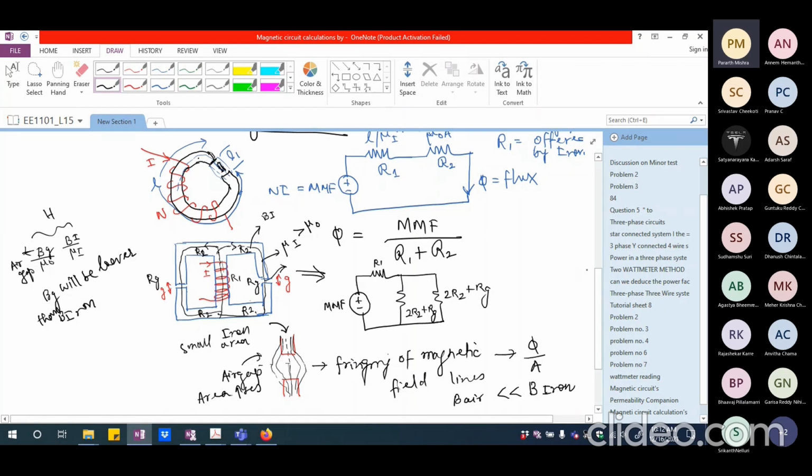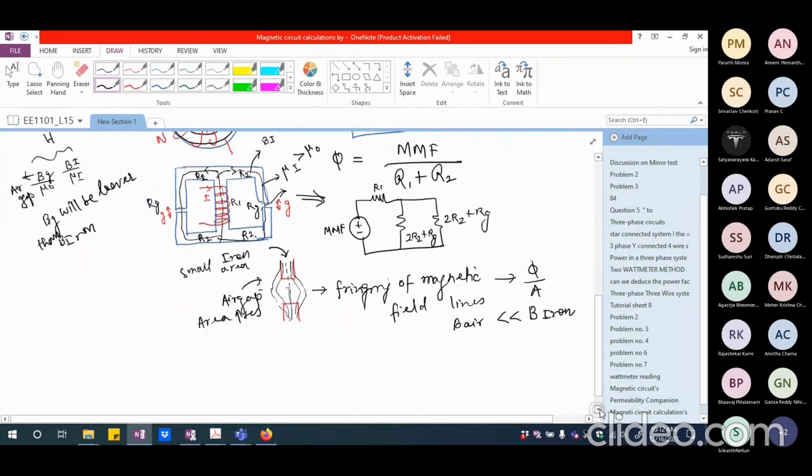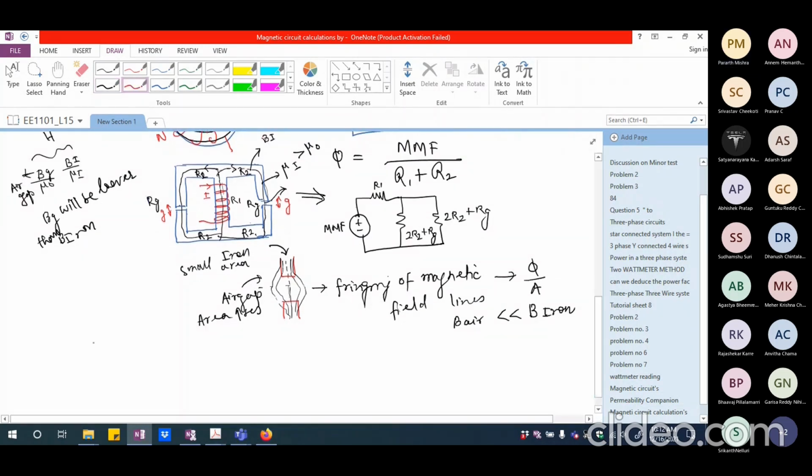For the same ampere turns, the same amount of MMF that I am giving, I would definitely have less flux created in the air gap as compared to what happens in the case of iron.